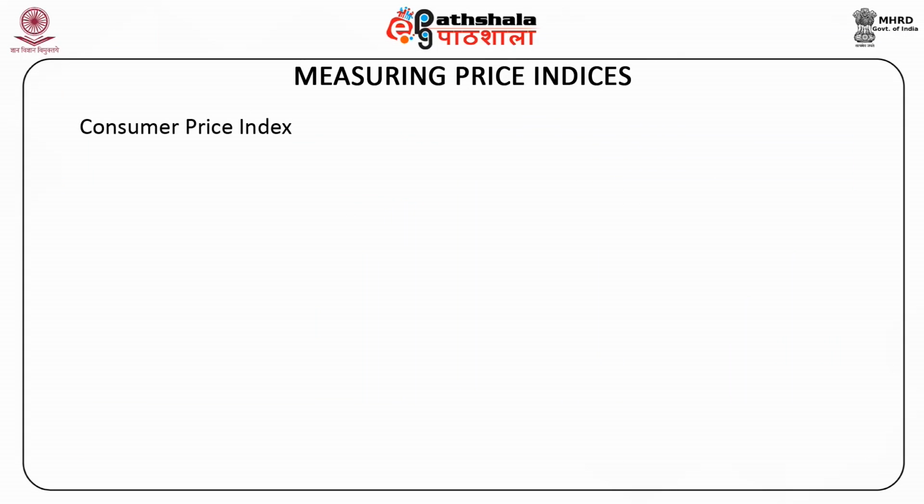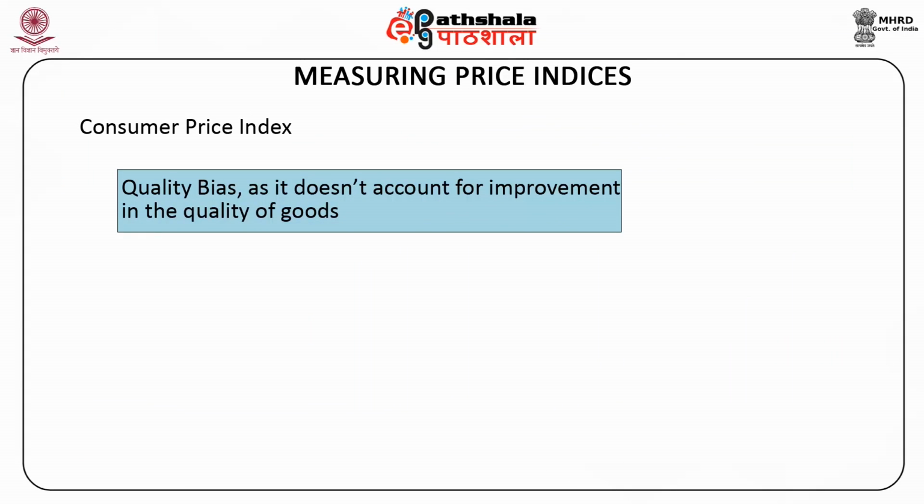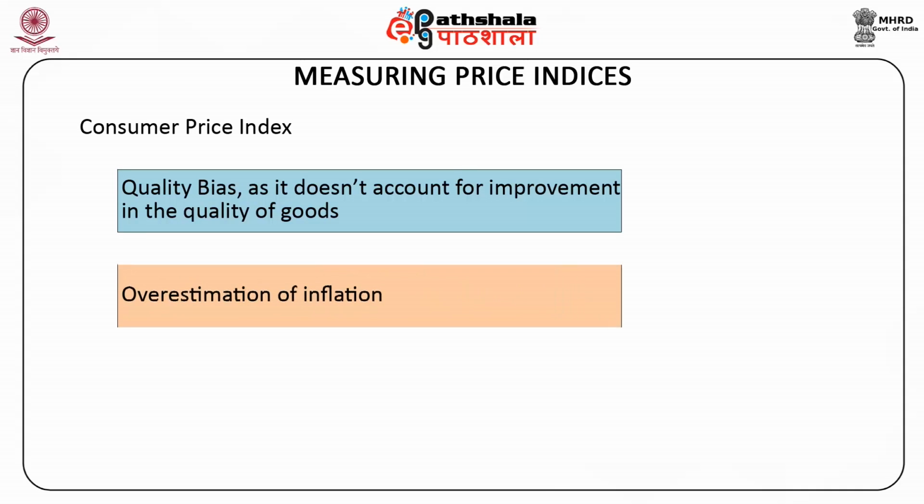There are a number of problems with these price indices. The quality of products has been continuously improving over time, which results in their price rise. However, CPI does not account for any such improvement in quality of products over time.